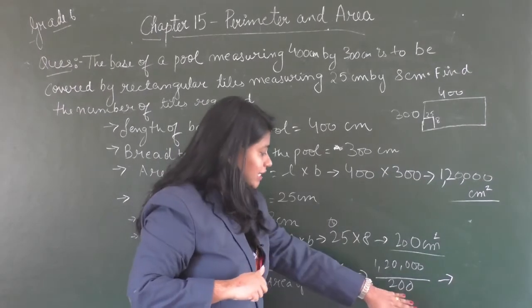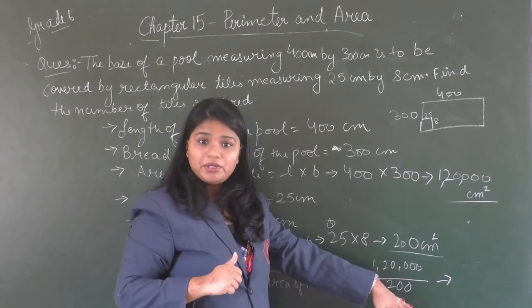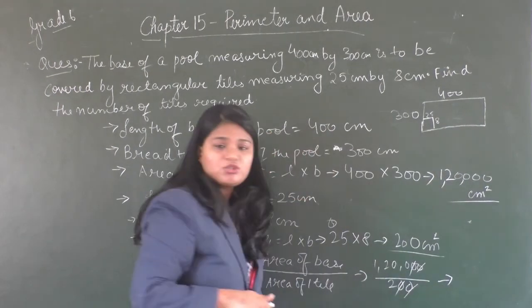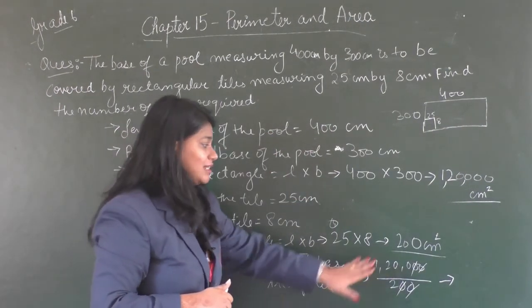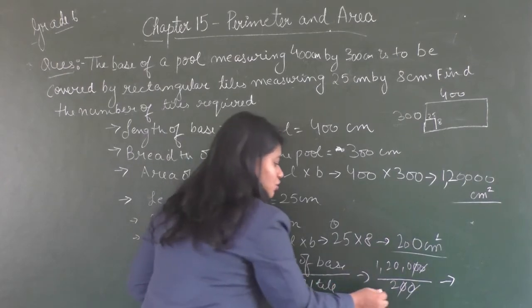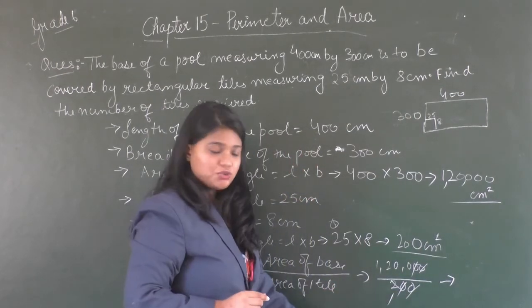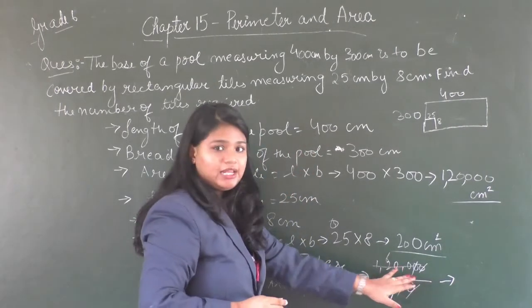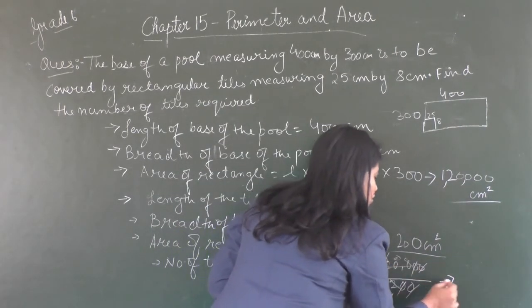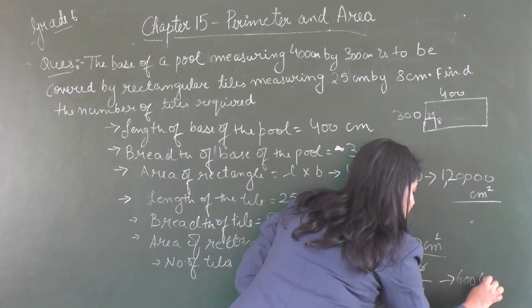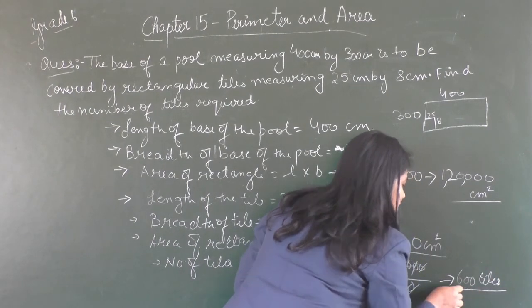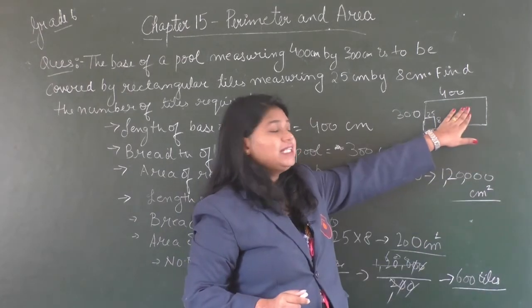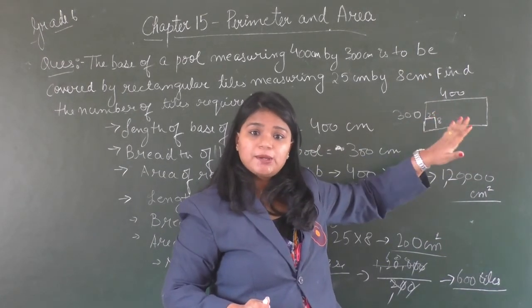Let's solve this. I can cancel the zeros in the denominator with the zeros in the numerator. So both the zeros have been cancelled. Let's cancel the remaining part. So 2 1s are 2, and let's cancel the numerator. 2 6s are 12 and 2 zeros. So I got the answer as 600 tiles. So 600 tiles are required to cover the entire base of this pool.